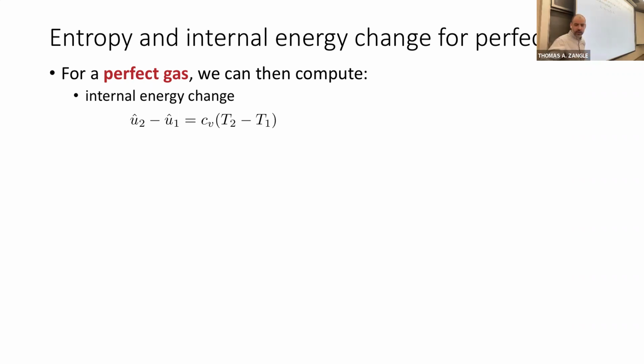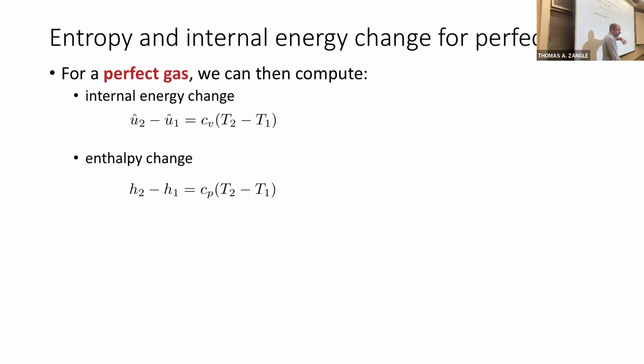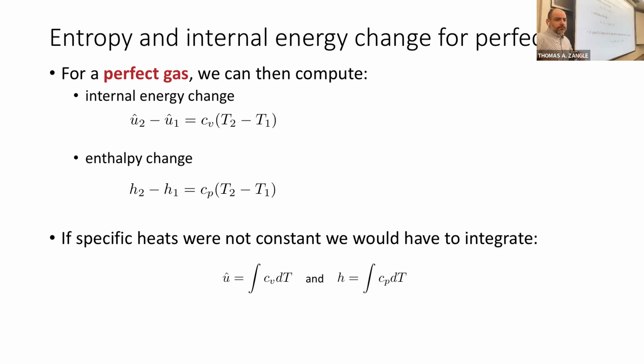Again, assuming that CV is constant, we can write our internal energy change as just CV times delta T, or our enthalpy change as CP times delta T. Again, if specific heats were not constant, we would have to integrate. So this is the form that we would use, assuming that we have a perfect gas with constant specific heats.